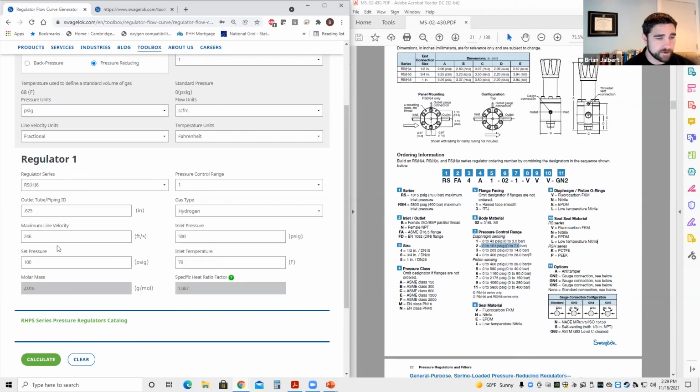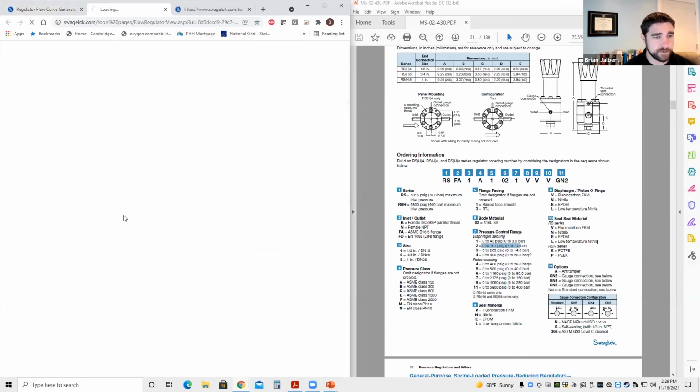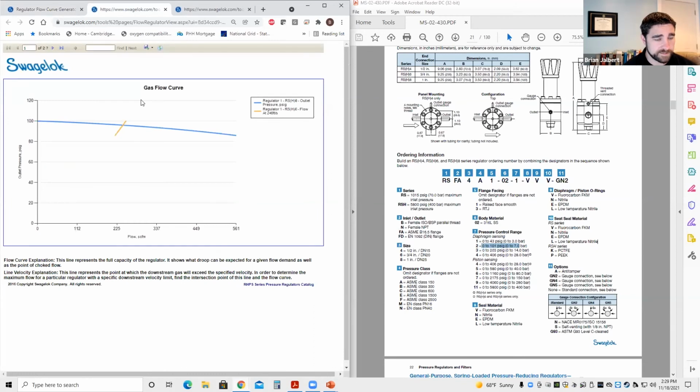The velocities are very, very high. So if we did the same calculation for hydrogen, it resets your control range here. There we go. If we do that same calculation for hydrogen, you can see that our velocity curve allows us much more flow because hydrogen is a much smaller molecule and the volumetric flow rate is so much higher.